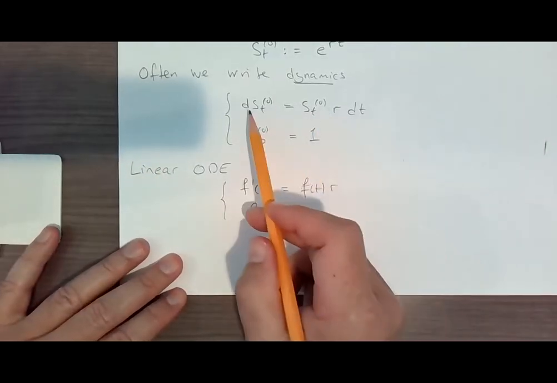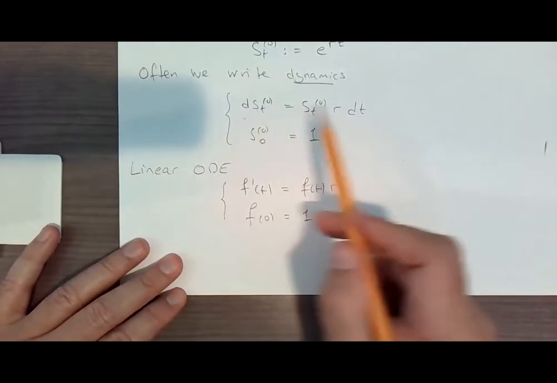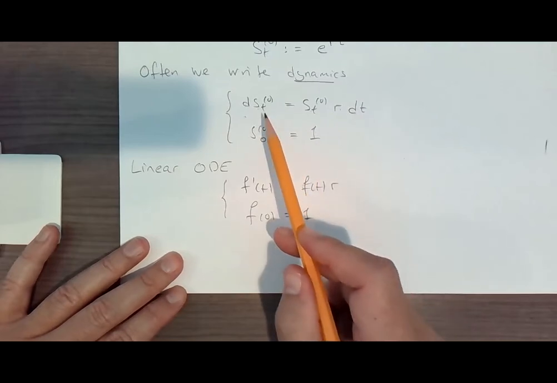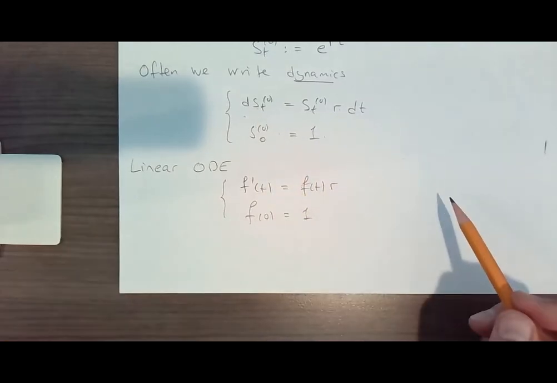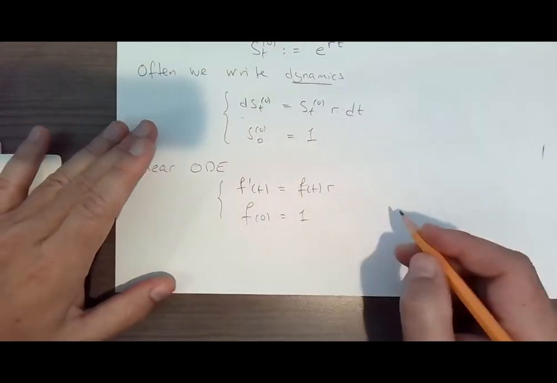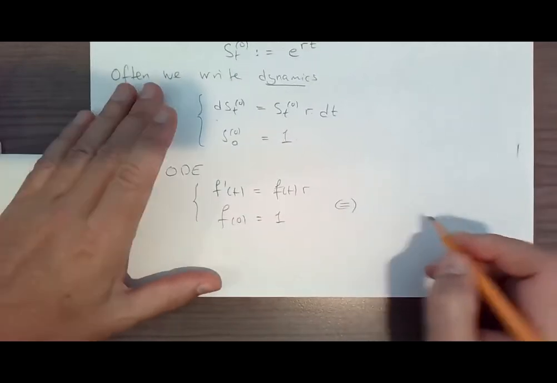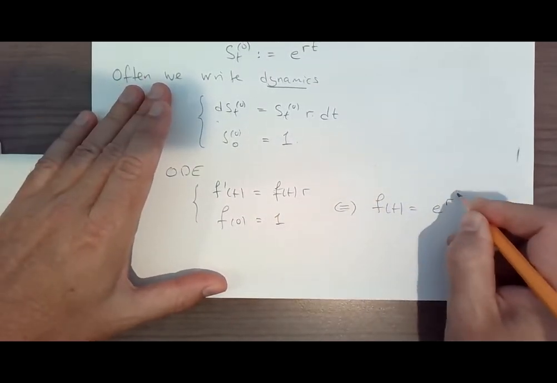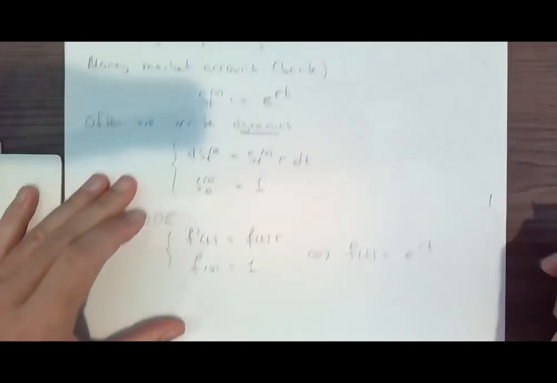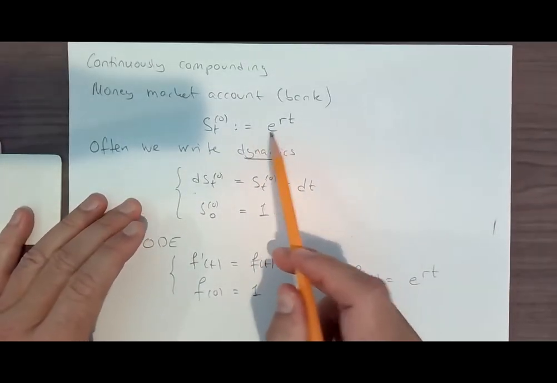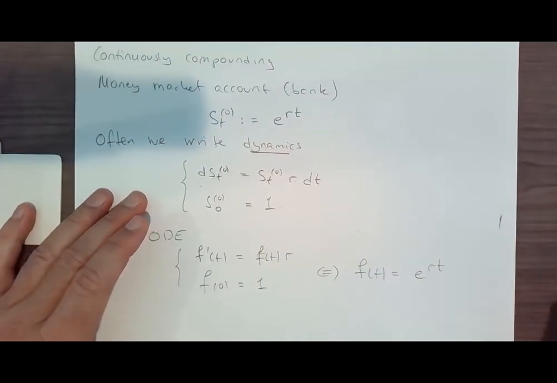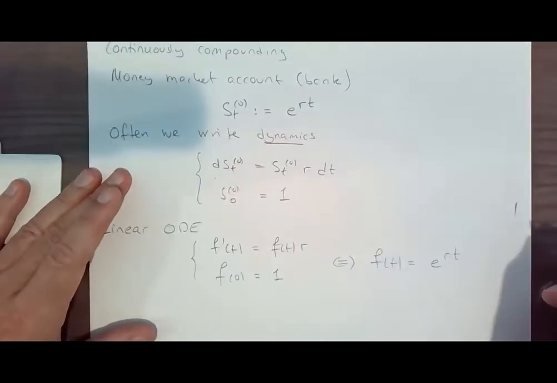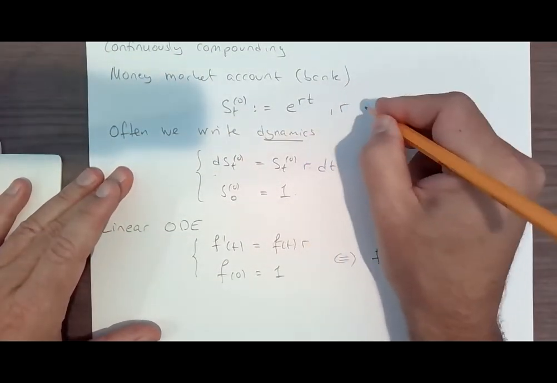So we have dS_t/dt is equal to S_t times R, and the initial point, when t is equal to 0, is equal to 1. This gives you this linear ODE. And I'm hoping that you have seen that this is the same thing as saying that f of t is equal to e to the RT, which is exactly what the bank account looks like. So this here is for a constant interest rate. R here is a constant.